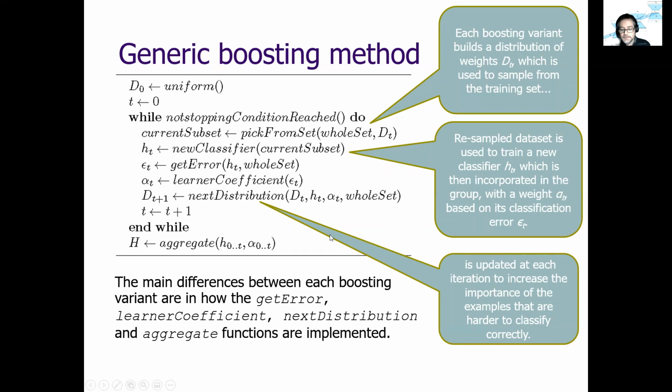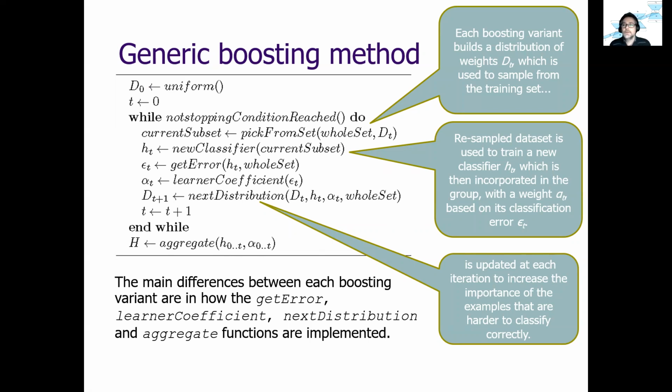So you update the parameters of the distribution. The distribution is represented by a function, by an equation, basically, and the equation has some parameters which are updated in this step. So the next distribution is an update of the parameters of the probability distribution that selects data points from the whole training set.